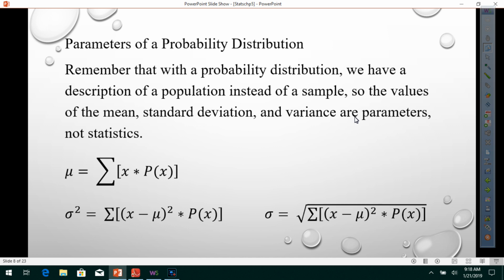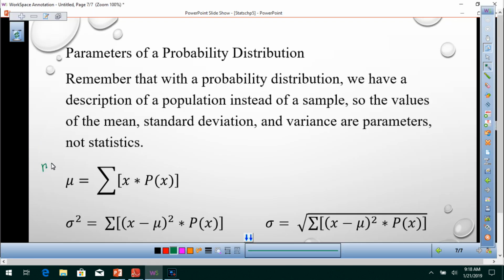The mean, mu, is the sum of x times p of x. The variance, sigma squared, let me write this right here. Mean, variance.